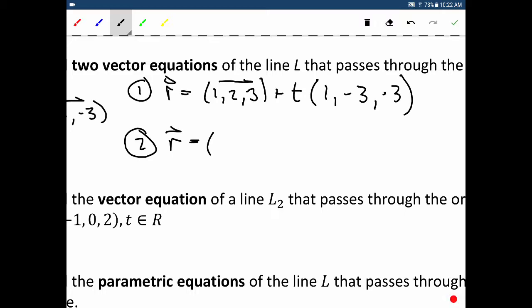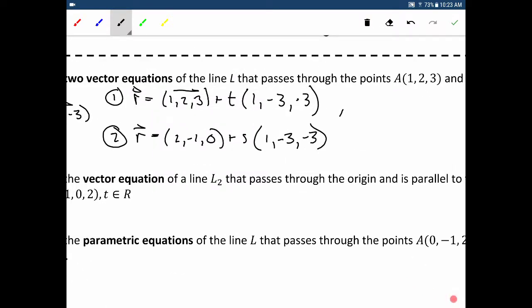So B is equal to (2, -1, 0), I think. And then we'll add S times, and we can actually use the same direction vector because it's going the same way. For this one we'll use an S, and there we go.